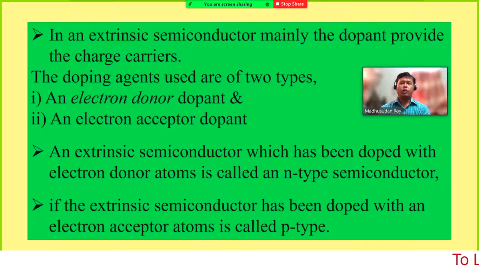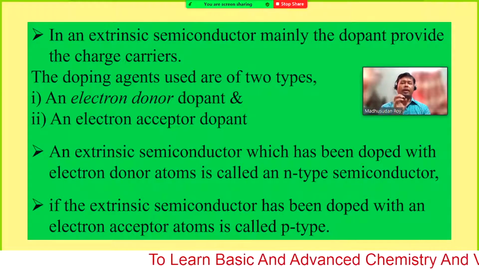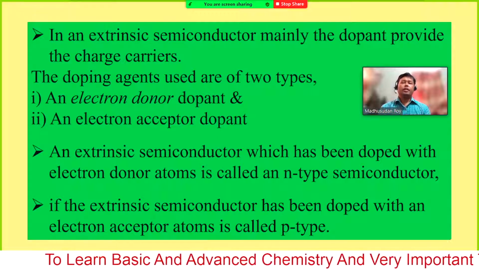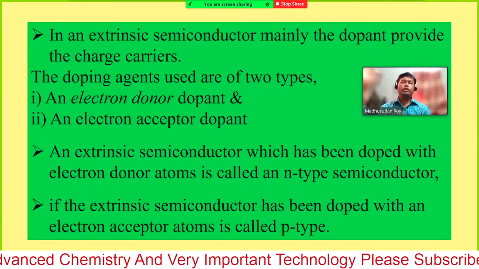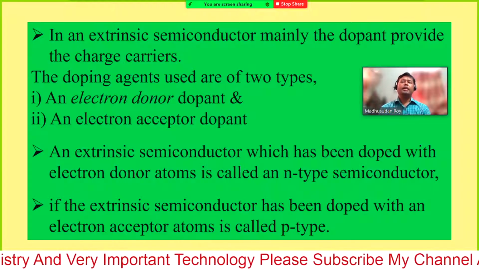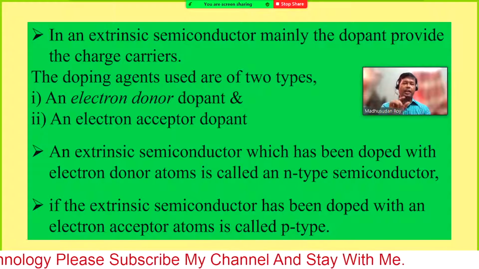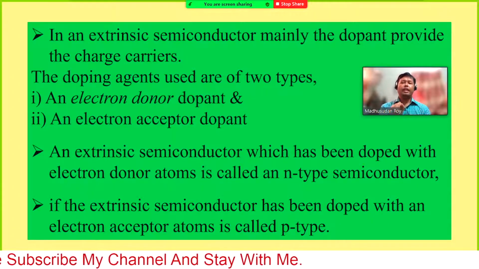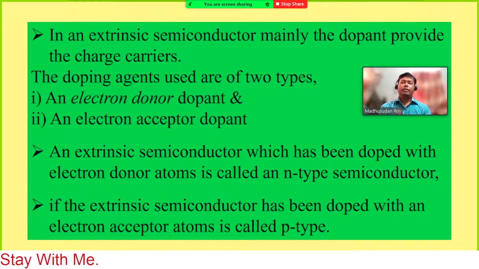An electron acceptor can be a group 3 element, which has 3 electrons. If you replace one atom in a pure semiconductor by a group 3 element, you have an atom with 1 electron less compared to the semiconductor. That is our electron acceptor dopant. It can accept one electron from another element.